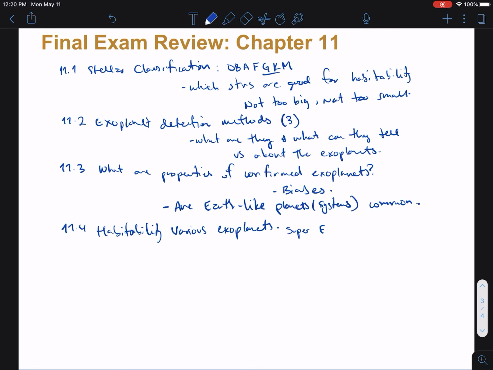Super Earths, mini Neptunes, life on moons, and rogue or orphan planets. How these can extend our idea of where we might find life.